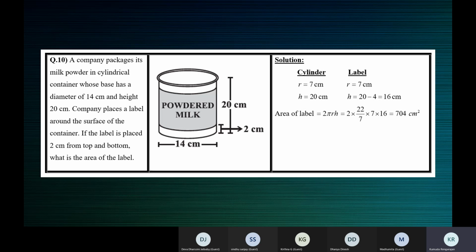It will be more than that. Yes, ma'am, I get it. That 14 given there is not the length of the label. The breadth of the label is 16 centimeters, but the length of the label is not 14. That's the diameter of the circle.